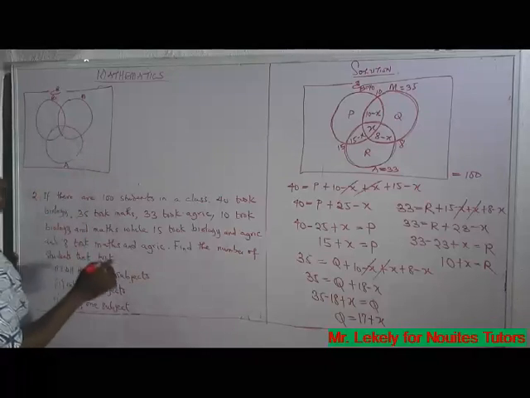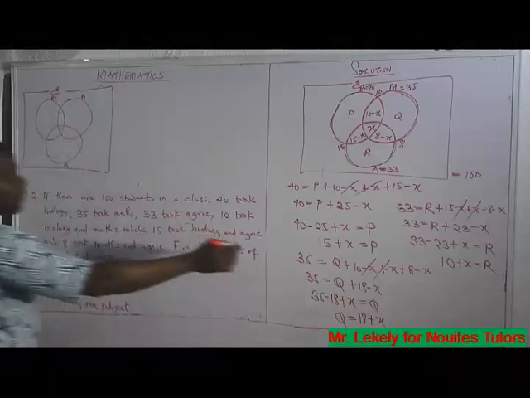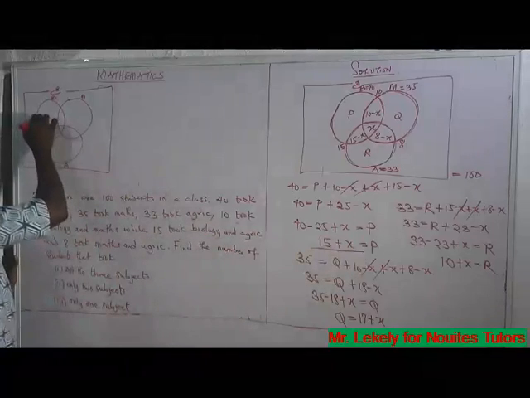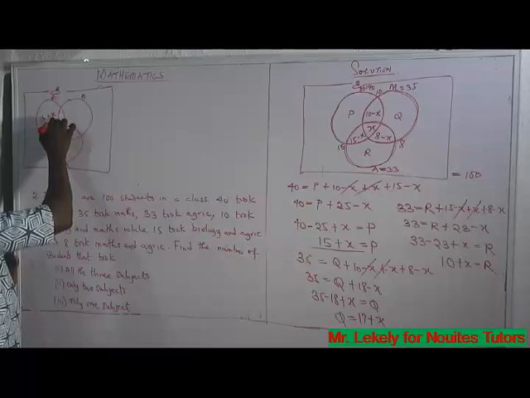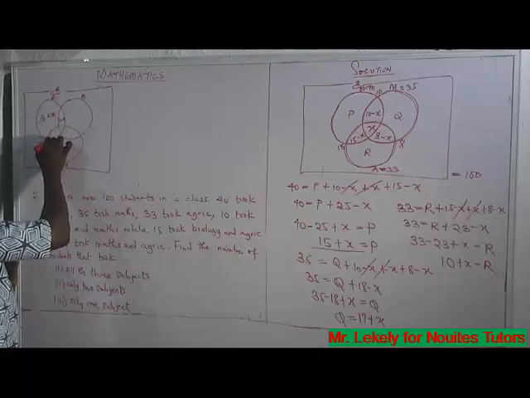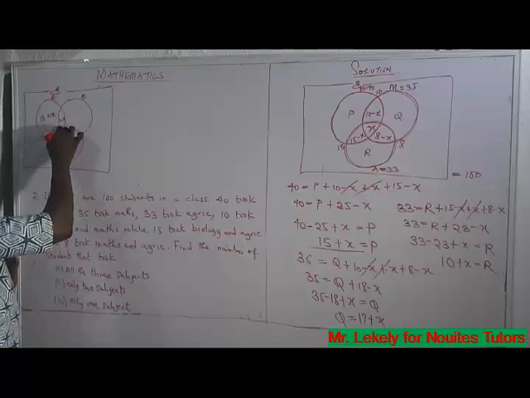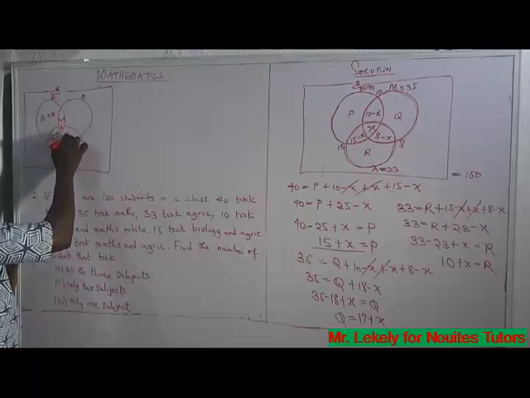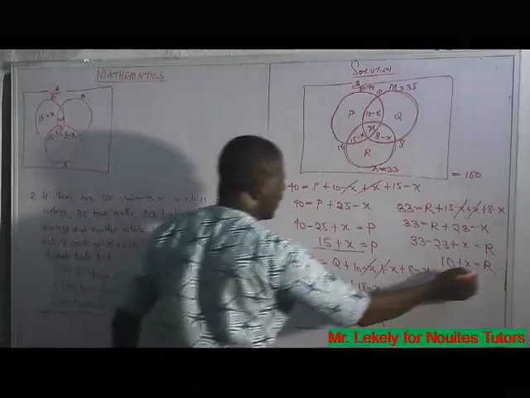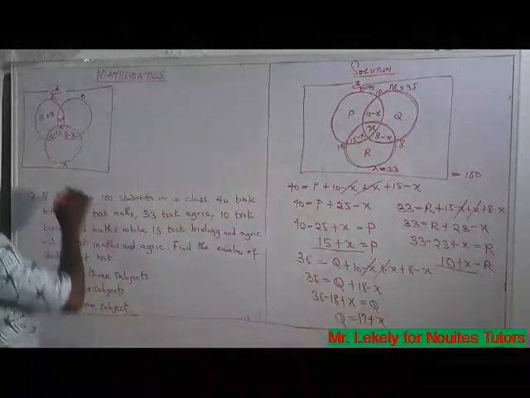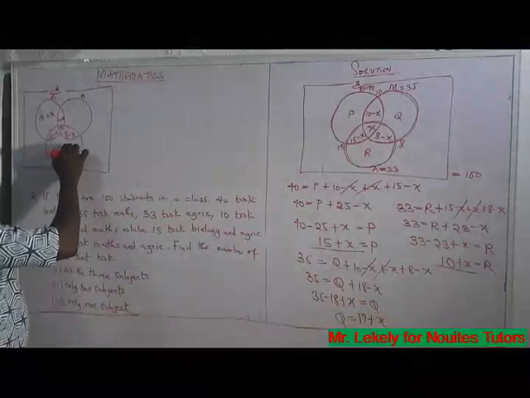For the P, I have 15 plus X in this place. And in this place, I have 10 minus X. In this place, I have 15 minus X. I have X here. In this place, I have 8 minus X. In this R, my R is 10 plus X.